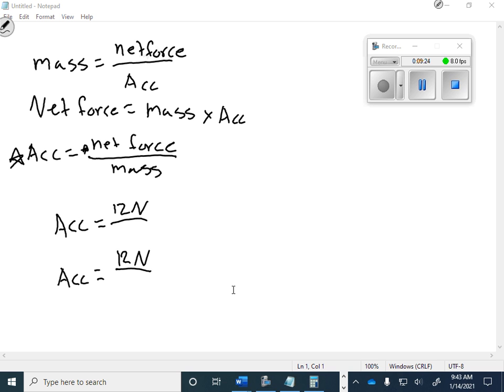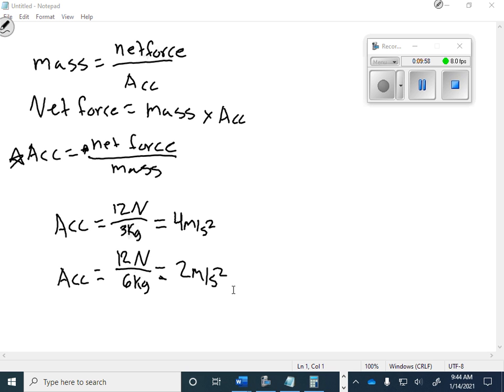For one mass, it says it's 3 kilograms. And for the other mass, it says it is 6 kilograms. Then we can just solve those. We got 12 divided by 3 equals 4 meters per second squared. And 12 divided by 6 is 2 meters per second squared. And so those are our accelerations.